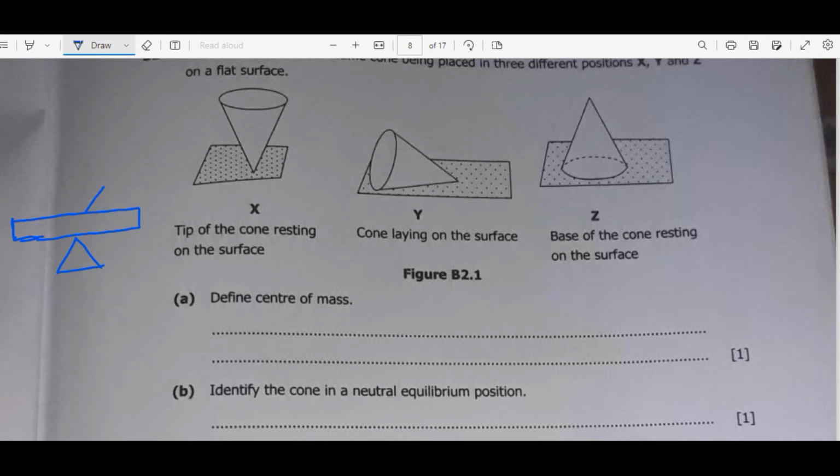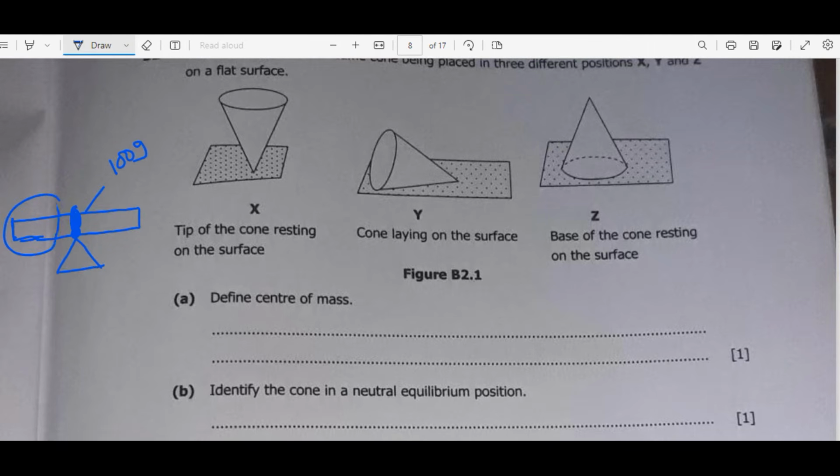So remember, this object has a certain mass. So let's say it has 100 grams. So if at this point is where this meter rule is balancing, it means that the whole mass of this meter rule is acting on this point.